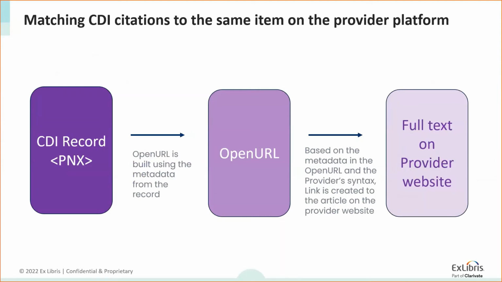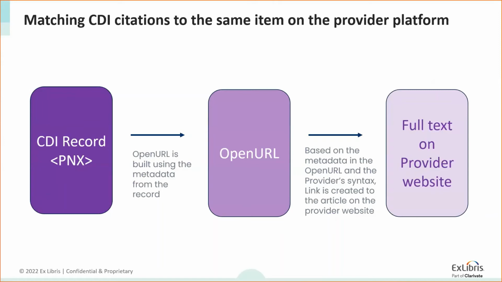So this diagram will help us understand how the link resolver actually works and what the advantage of the provider ID is. The CDI record appears on the UI and has the PNX XML behind it, with all the metadata of the record: the author, the title, the journal title, the issue, the volume, the ISSN, and so on.